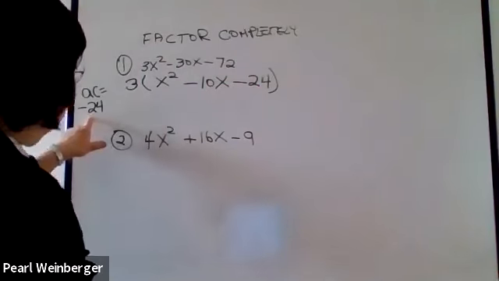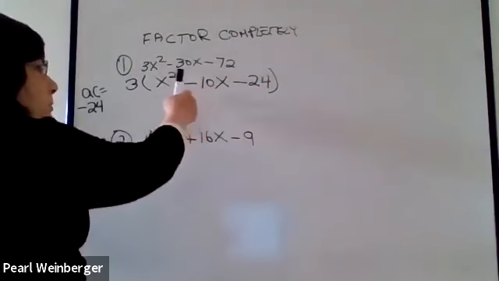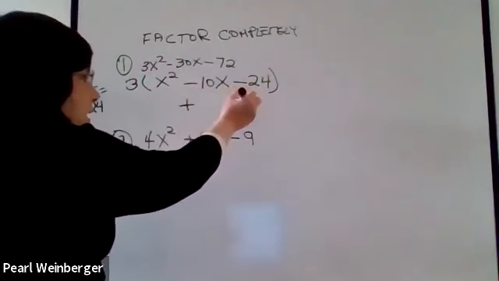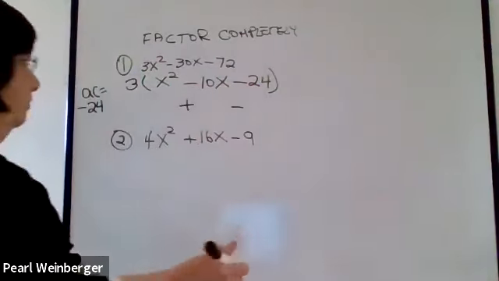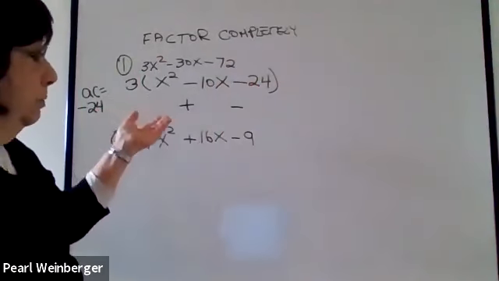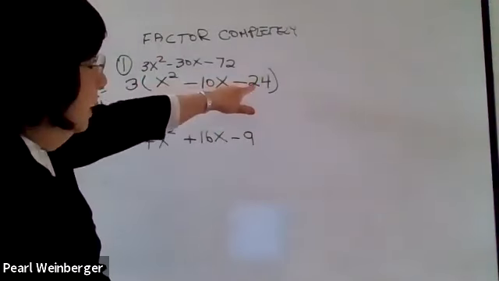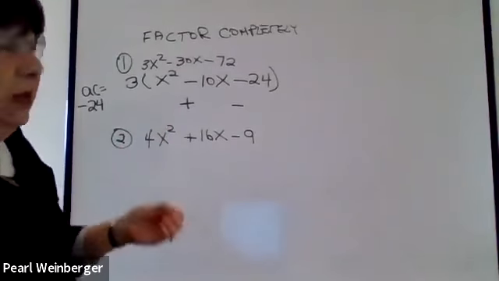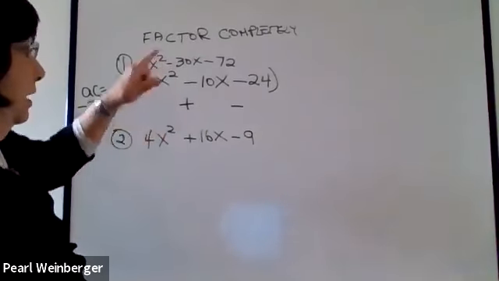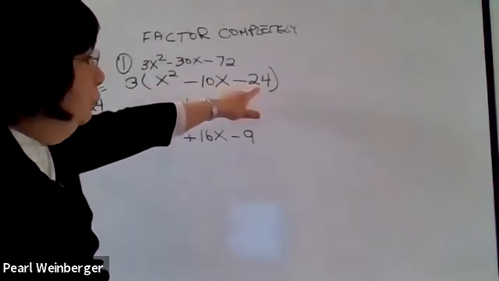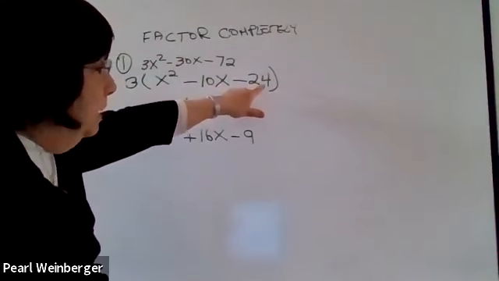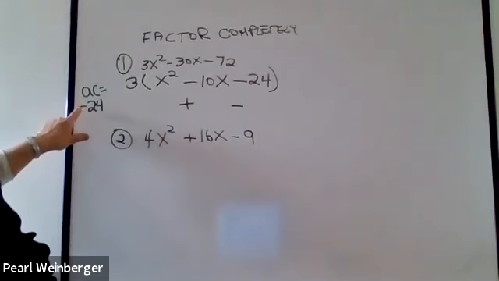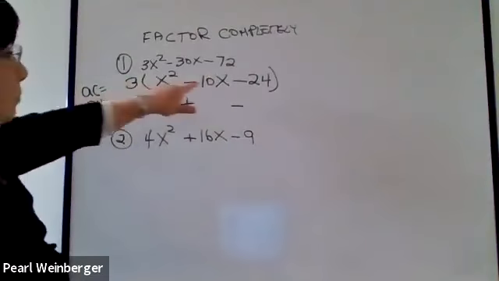The fact that it's negative means that when we split this up, we're going to have one number being positive and one number being negative. Because remember, when we multiply and get a negative answer, one has to be positive and one negative. Not only that, we're looking for two numbers that multiply to give me 24, but since this is a minus, when we subtract them, it will give me 10.